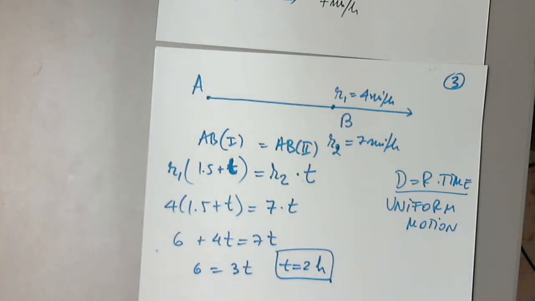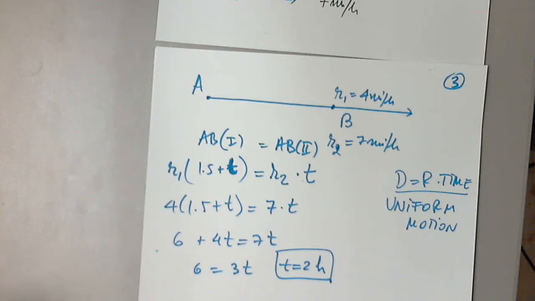You do not need anyone to tell you whether this is correct or not. Before you plug it in, just make sure you check. The two distances have to be the same with 2 hours. So if 4 times 3.5 equals 7 times 2, then we are in business. So it's correct. Again, you don't need anyone else to tell you anything.